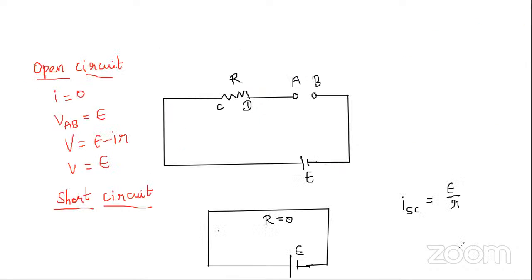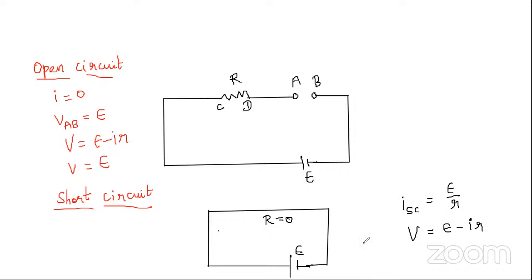Moreover, the potential difference V equal to epsilon minus I into small r usually. This potential difference is now 0 actually, because the potential difference is the difference in potential across the external resistance.